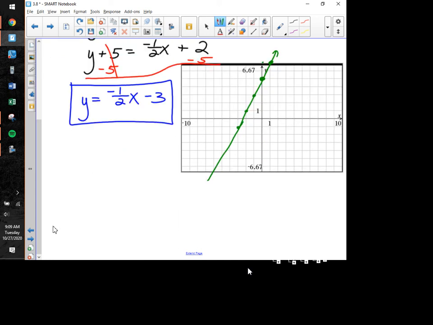So, whoa, there's the original line, and now we're going to try to graph this line and make sure it does the two things that we wanted. It looks like the y-intercept of this line is negative 3, so I go down 3 units and put a point right there.